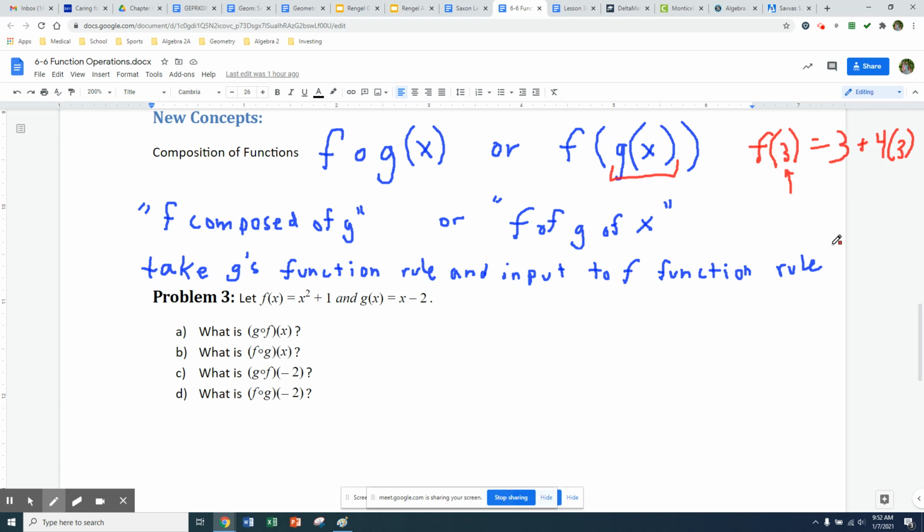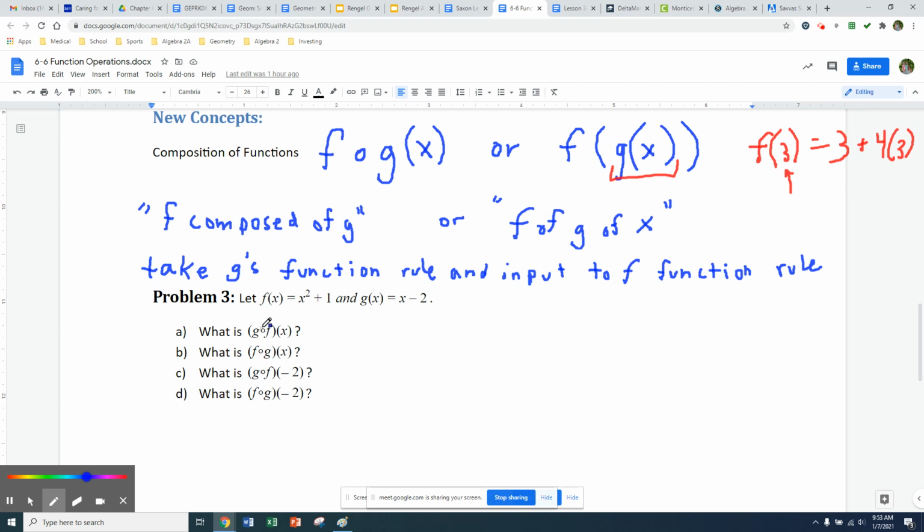So similar to before, the f of negative 2 is inside the g function right now. So the f of negative 2 is what function we're going to apply first. And f of negative 2 stands for, I'm going to take a negative 2 and input negative 2 into the f function rule.